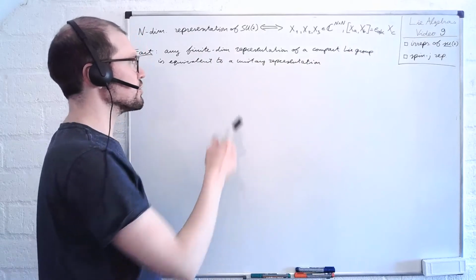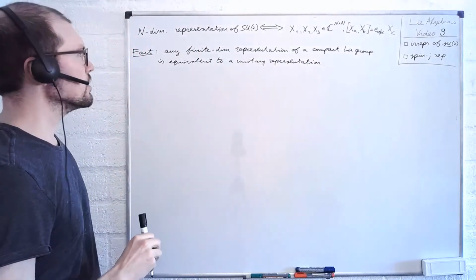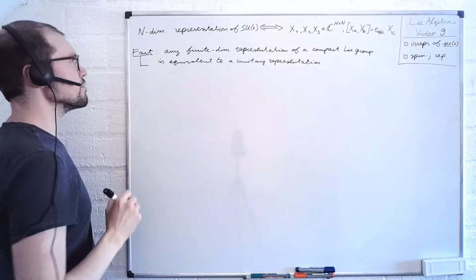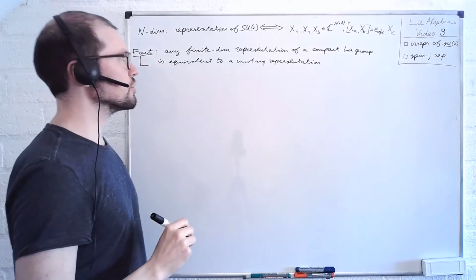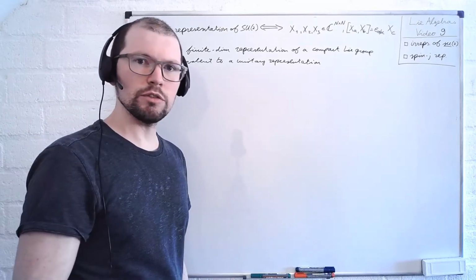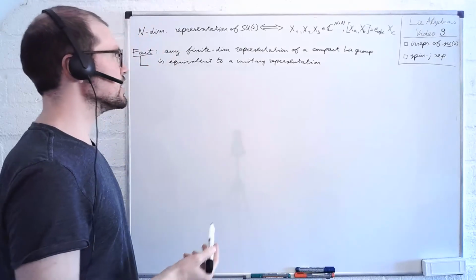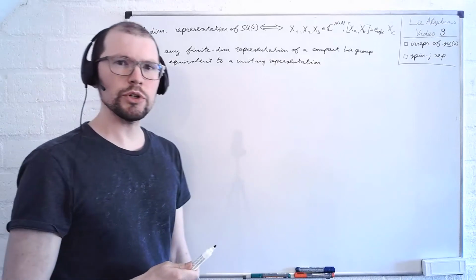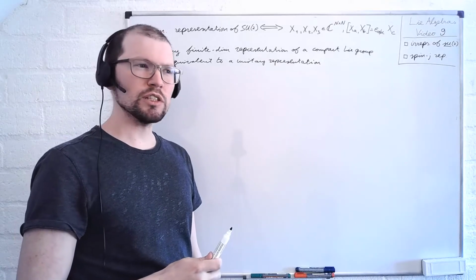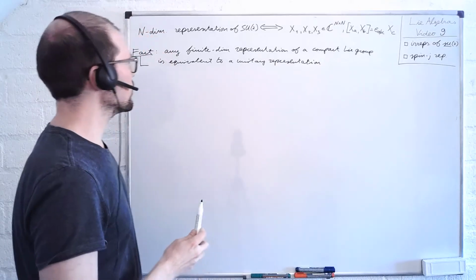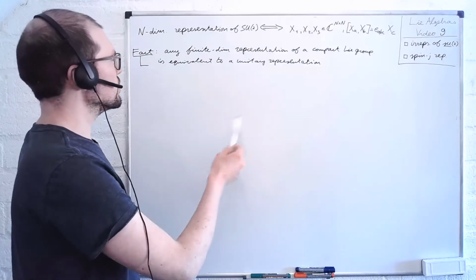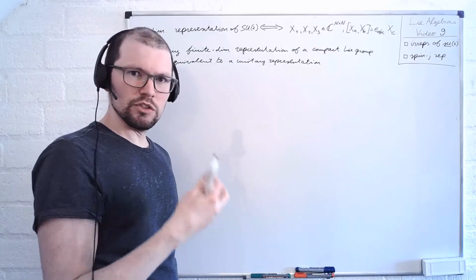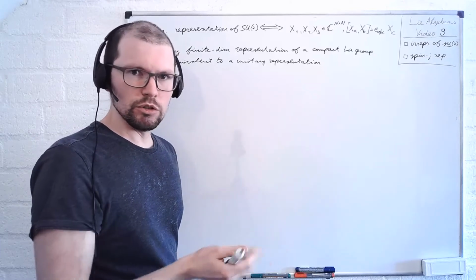So there we've actually proved it, and it turns out that the proof that we used to show that every representation of a finite group is equivalent to a unitary one can be easily adapted to the setting of a compact Lie group. If you remember from the first exercise sheet where you proved this, you were doing some operation where you were averaging some matrices over the whole group.